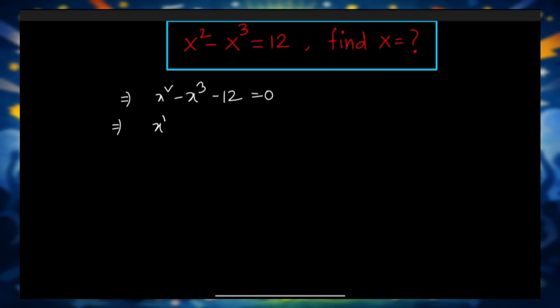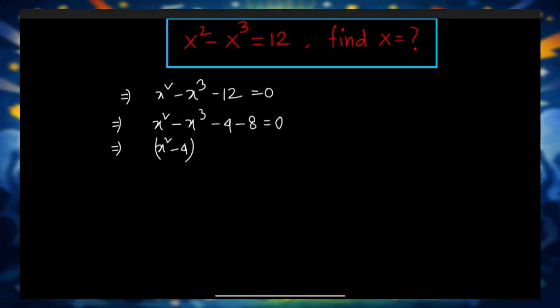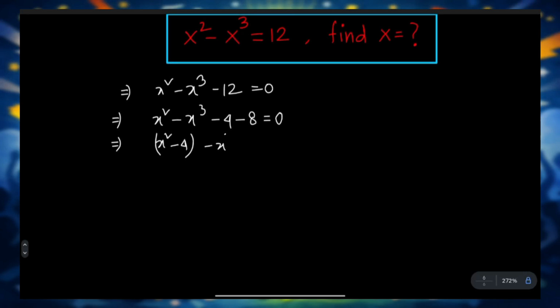12 can be written as 4 plus 8. Now x square minus 4 we separate, and minus x cube plus 8 equals to 0.